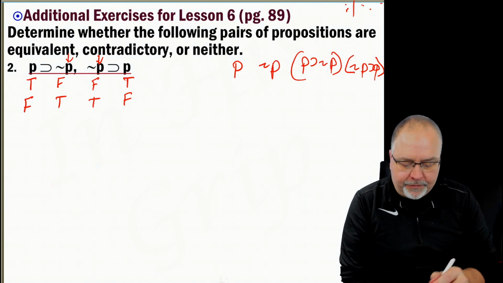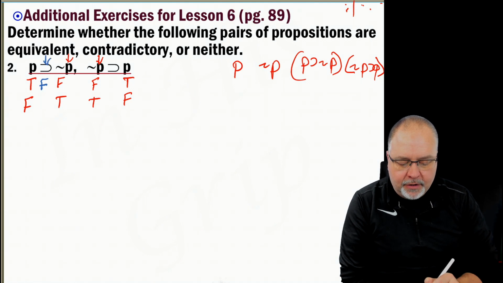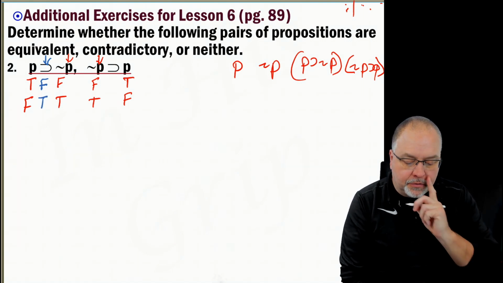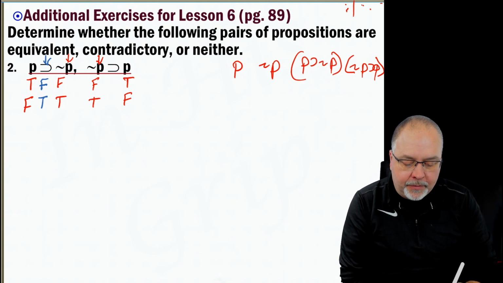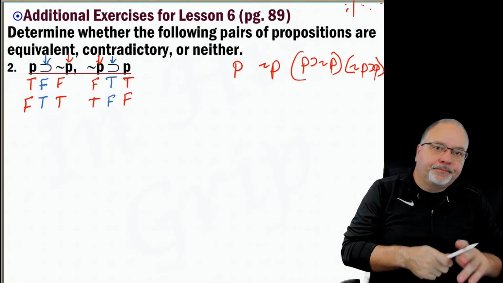So we have true, false in this case. So the first one is false. See how I'm doing this in blue, under the conditional operator? And then we have false, true, and it's true. Now under this operator I'm going to do false, true, true, false.